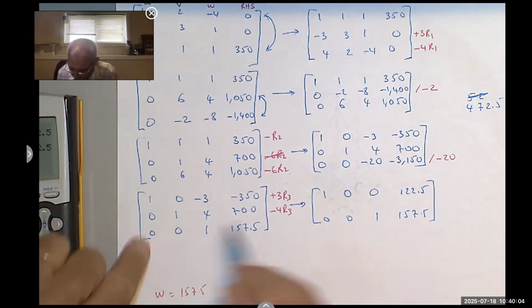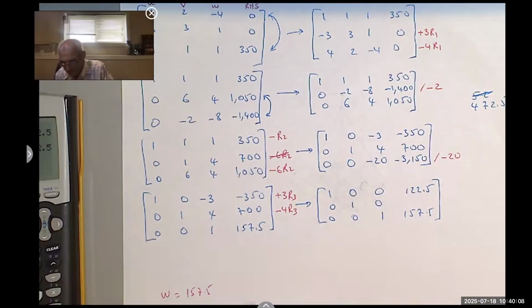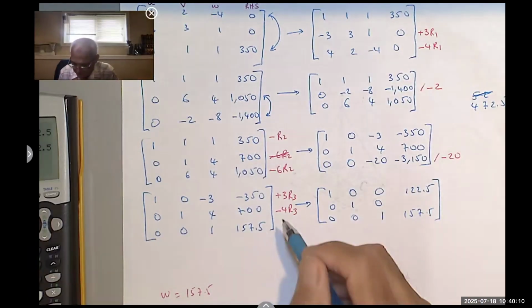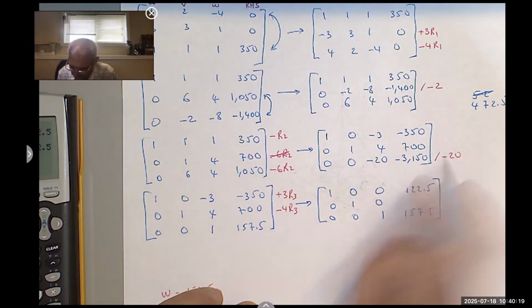Then you are going to subtract 4. So this becomes 0, 1, 0. And then when you multiply that by 4, we said this was like what? It was 315. So 630.